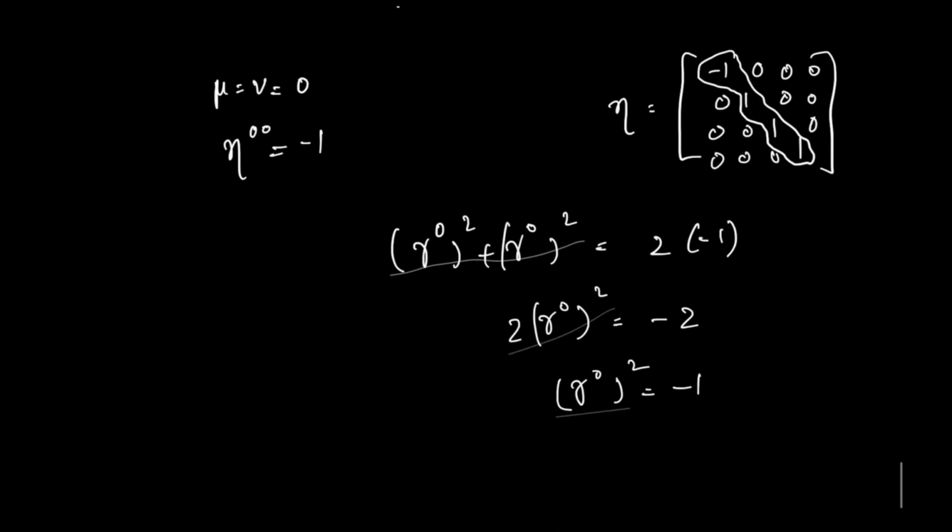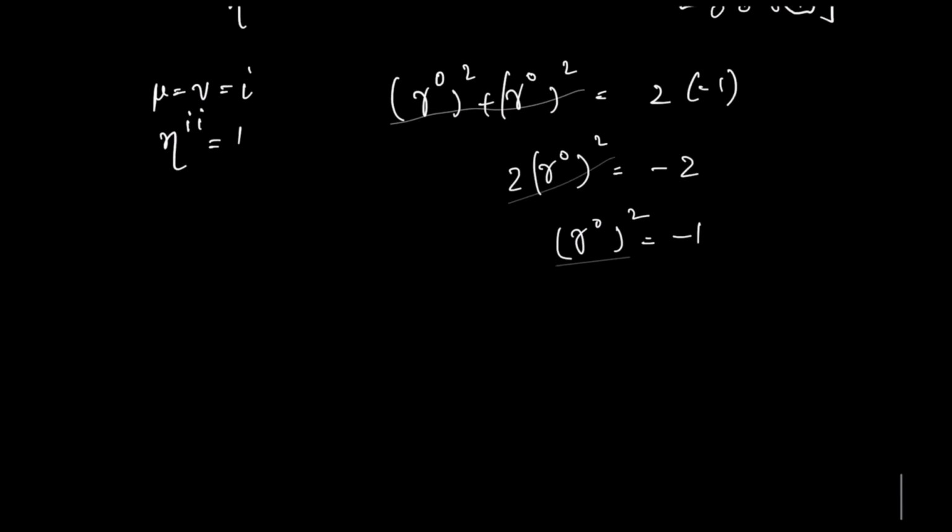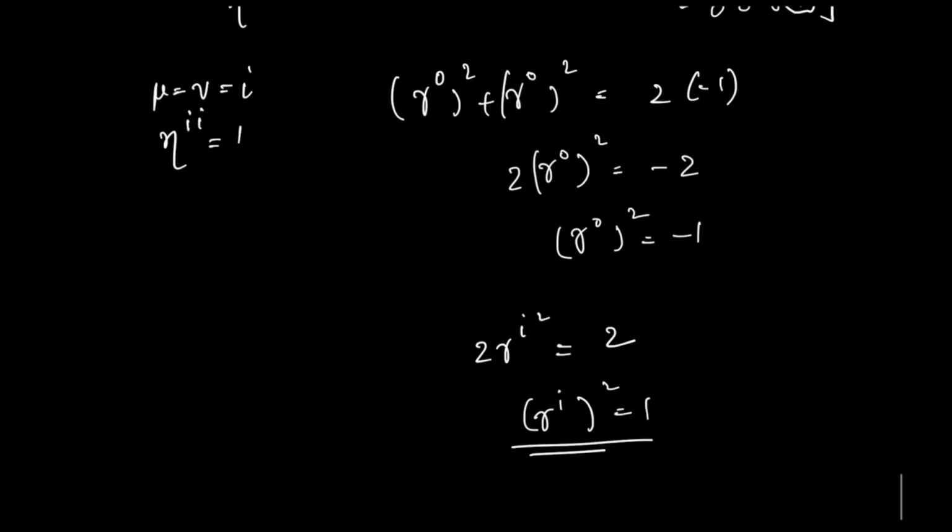And similarly, if mu is equal to nu is equal to I, then eta I I is 1. The other diagonal terms are 1. Therefore, I will get 2 gamma I square is equal to 2, so gamma I square is equal to 1.